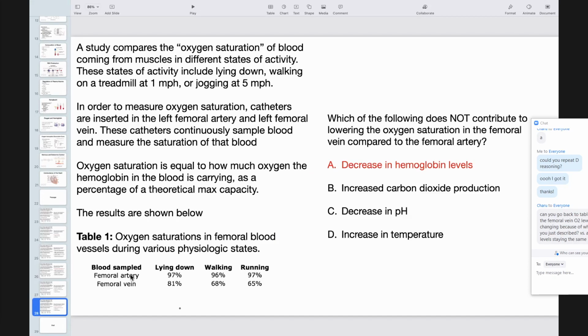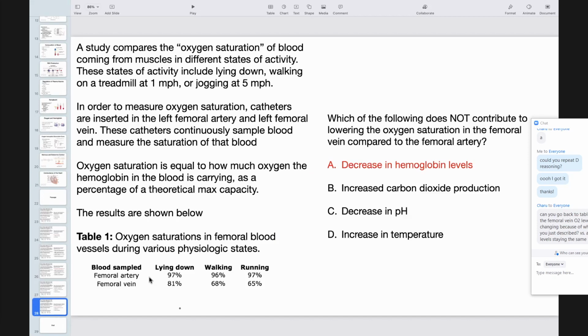The reason is that as it goes from artery to vein, it travels past the capillaries, and when it travels past the capillaries, it's going to kick off the O2. It's going to dump the O2, in this case to skeletal muscle, or any sort of tissue that needs it. Now, the reason why we have 81 versus 68 versus 65 is because we're using up oxygen. We are increasing carbon dioxide production.